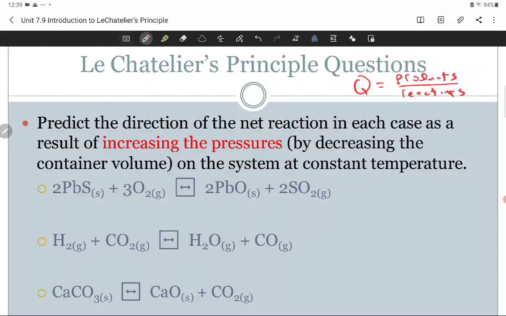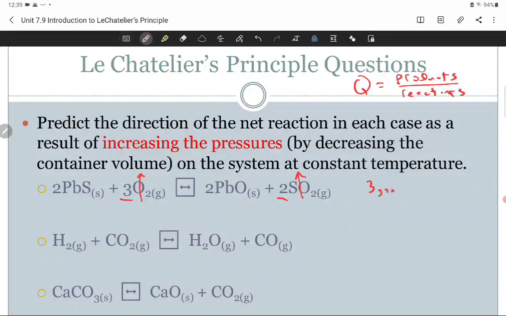So let's see, increase in the pressure. Well, that would increase the O2, but it would also increase the SO2. Do they increase each by the same amount? No, it's a 3 to 2. So a lot of people can actually just go like 3G, not grams, but 3 gases.